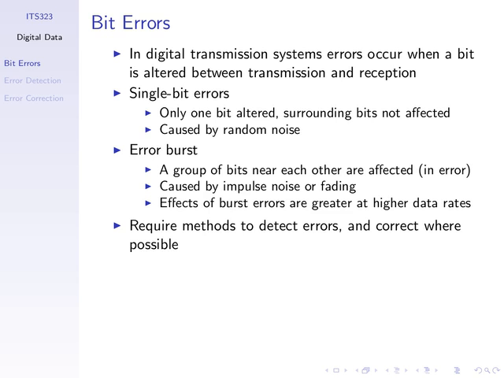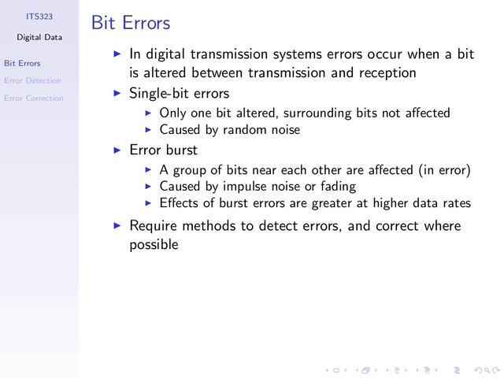For example, we have some noise and a burst of error may be caused by a large impulse of noise. That is, if this is showing the noise in the system, it's quite small most of the time. The smaller the noise, the less chance of bit errors. And then for some period of time, there's an impulse of noise.